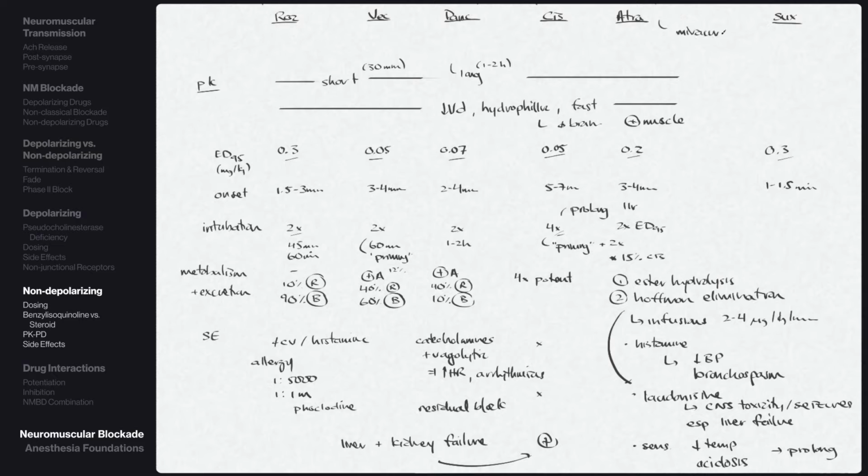And this is also a benzylisoquinoline that also has histamine release, but has probably a far shorter time frame. So this probably lasts about 10 to 15 minutes. And so is relatively short acting and acts essentially very similar to succinylcholine, although this is a non-depolarizing agent, while succinylcholine is a depolarizing agent.